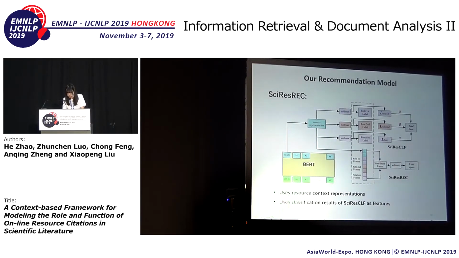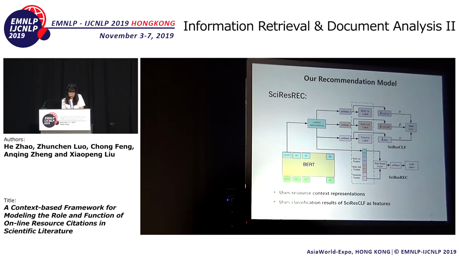Same as the classifier, we also use the resource context representations from the pre-trained model, and then we use the labels from the classification model as the feature input of this recommender.